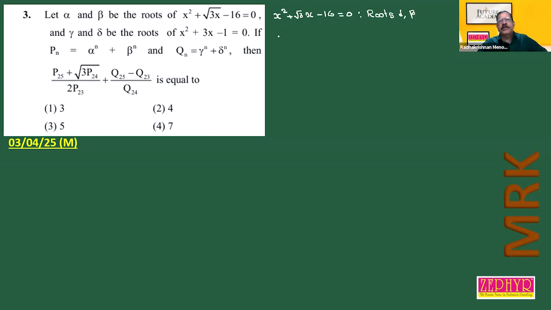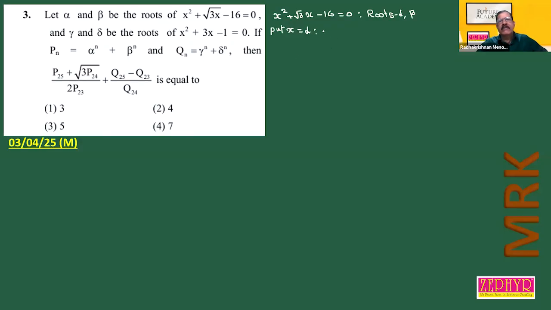So how can we find out? See the method. Alpha and beta are the roots. So put x is equal to alpha. The equation must be satisfied.